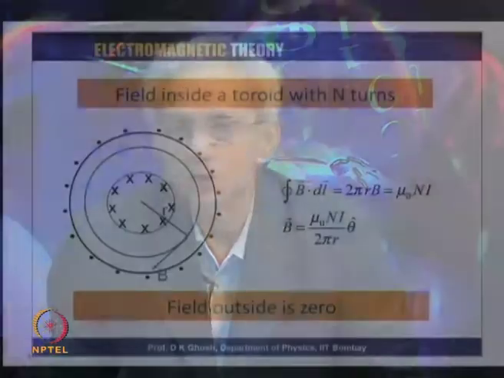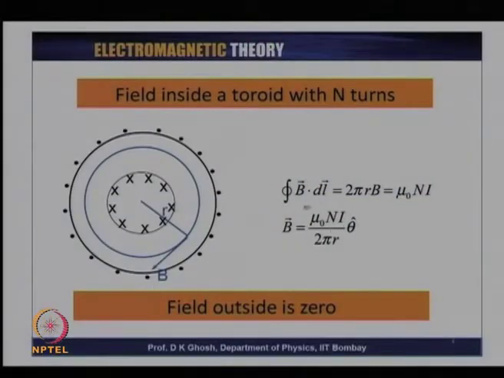This is not quite the same expression as you get for the solenoid, where you get an expression like mu 0 times small n, which is the number of turns per unit length of the solenoid, times the current. So, in this case the magnetic field is not uniform. It is given by mu 0 times the total number of turns times I divided by 2 pi r, and its direction is of course the azimuthal direction.